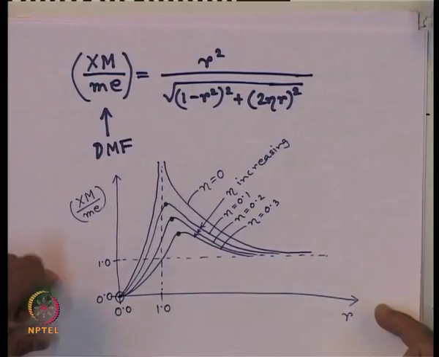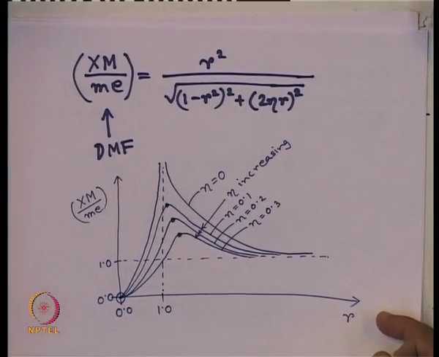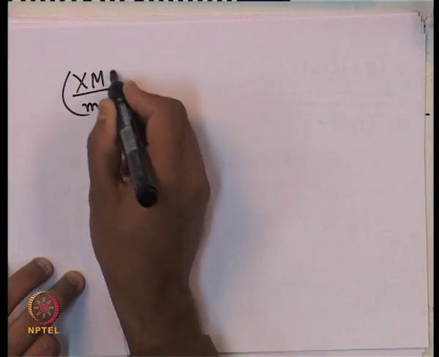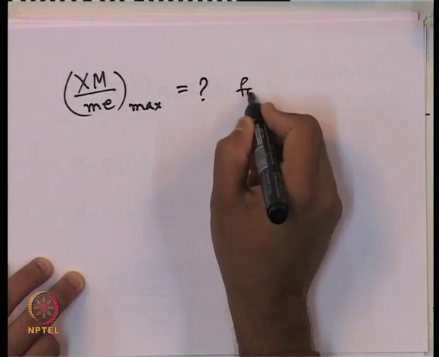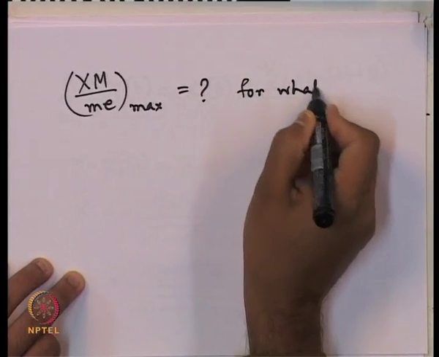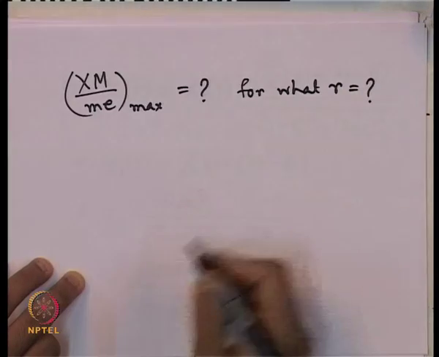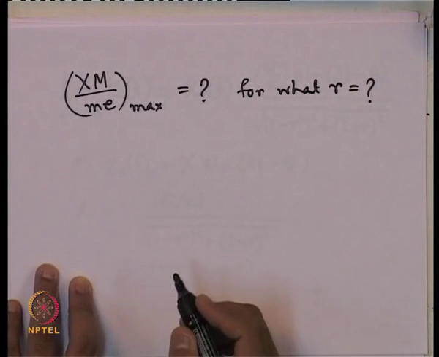We want to find out where the maximum value of x m by m e occurs, that is, for what value of r.